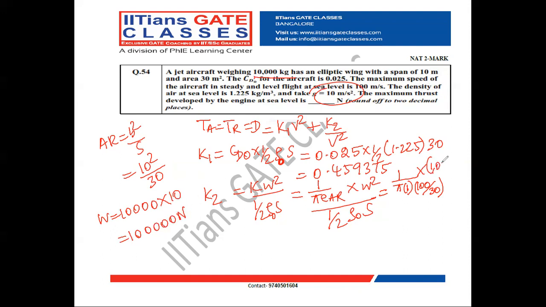So multiply it by 1 lakh square divided by pi, rho naught is 1.225, and wing area is 30 meter square. Substituting, what I get is 51968,961.01.